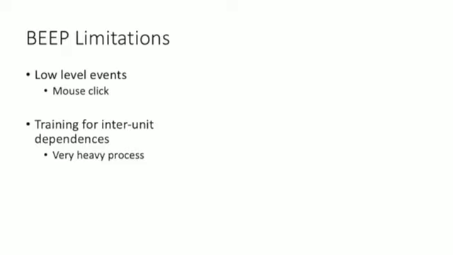Inter-unit dependency is very hard, because it has to go through a memory location. You have to monitor all the memory accesses to identify all the read and write events, constantly find the relationship between two different units, and identify such inter-unit dependence.